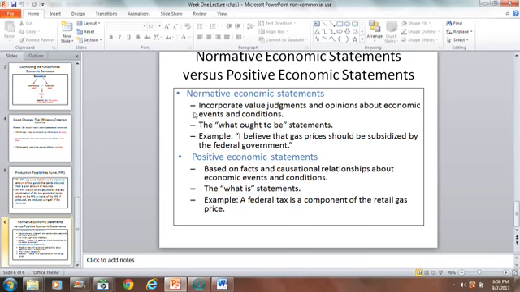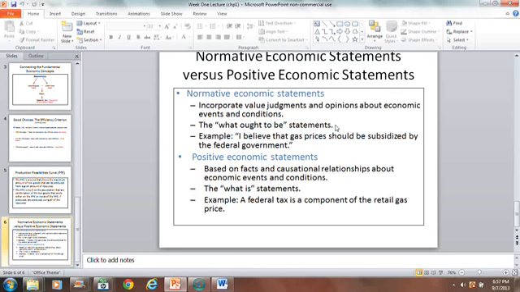One way to always identify a normative statement is you'll see lead-in phrases like "I believe" or "I think this is true." Those are clues that you're dealing with opinionated statements about economic activity. They're often characterized as what ought to be. Again, what ought to be is really based in opinion, and so normative statements have that distinctive feature.